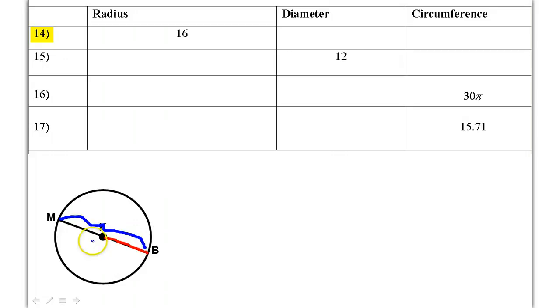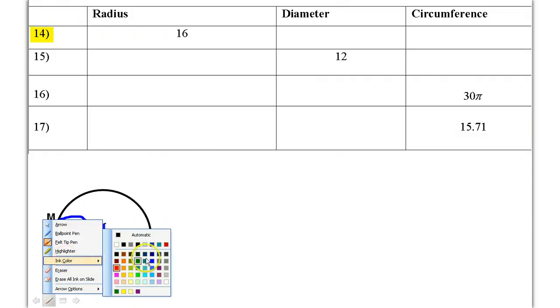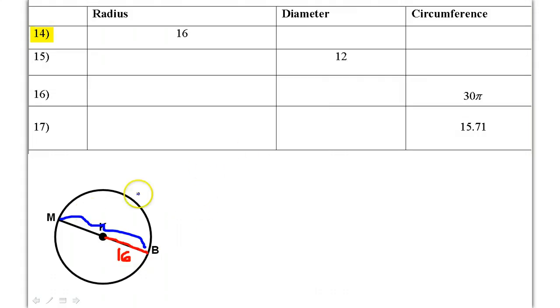So what's the relationship between these two? In this case, for example, we're given a radius of 16. So that means this is 16. Well, if the radius is 16, how will we find the diameter?